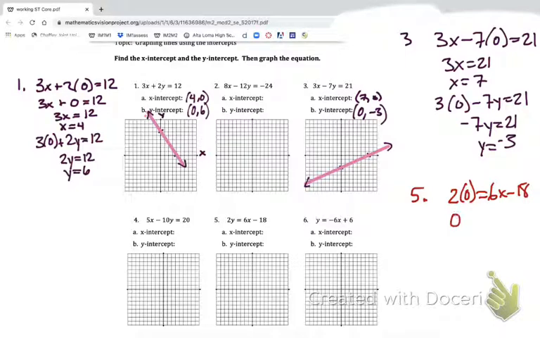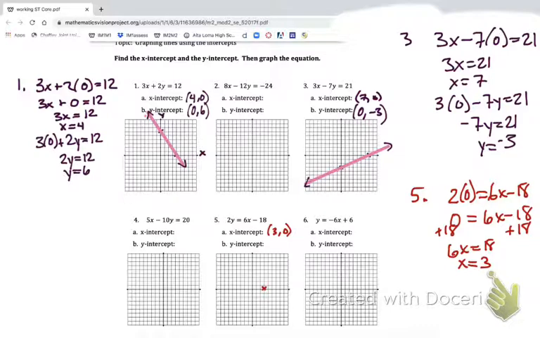So 2 times 0 is 0. Then it's a matter of going back into the time machine and remembering how to solve equations. So we'll add 18 to both sides. 6x equals 18. Divide both sides by 6. And your x-intercept is going to be 3, 0.